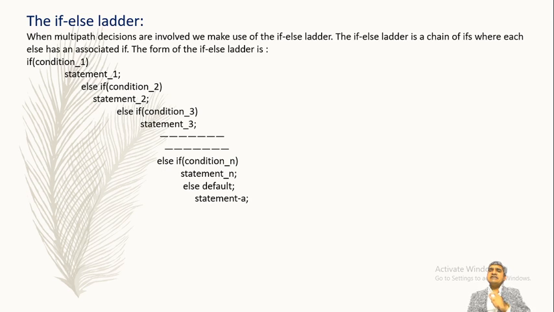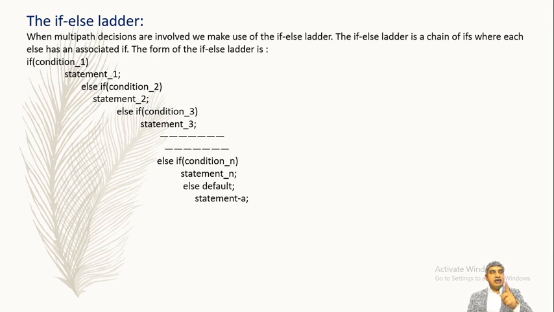The if-else ladder is a chain of ifs where each else has an associated if. The form of the if-else ladder is: first, if condition 1. If condition 1 is true, statement 1 is executed.